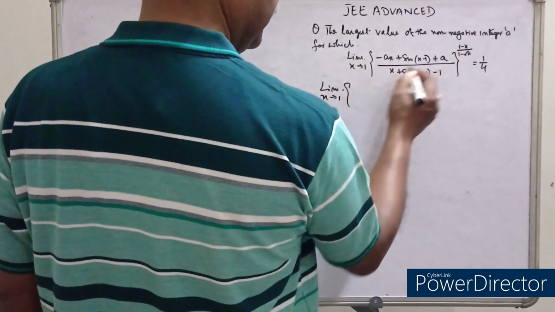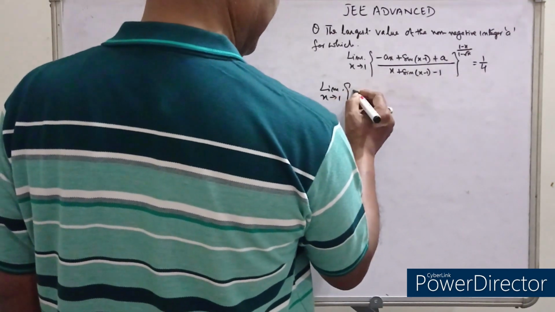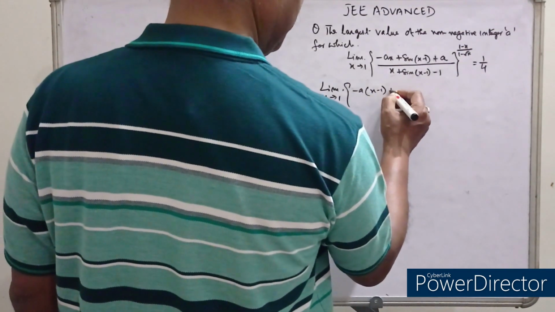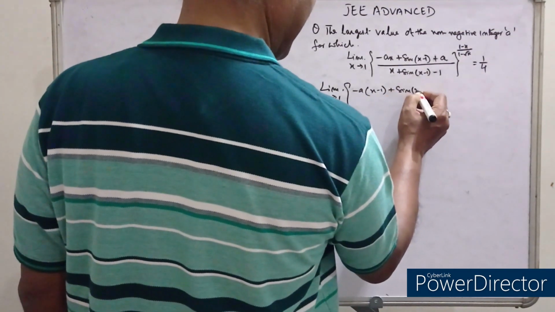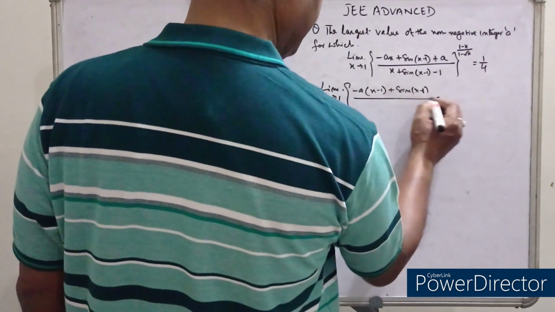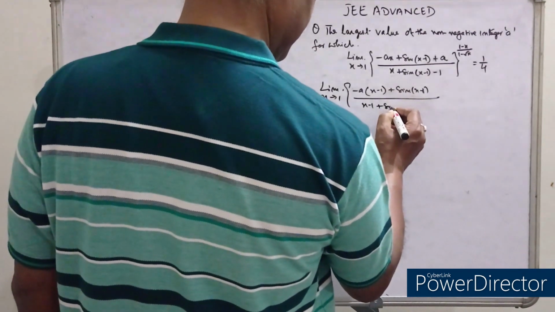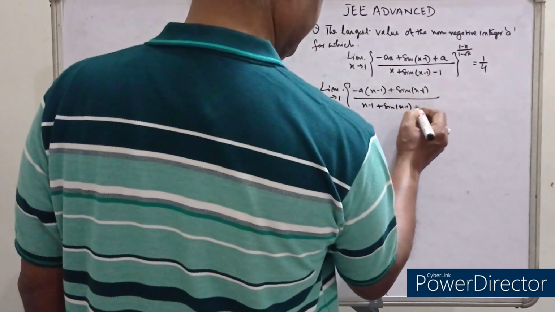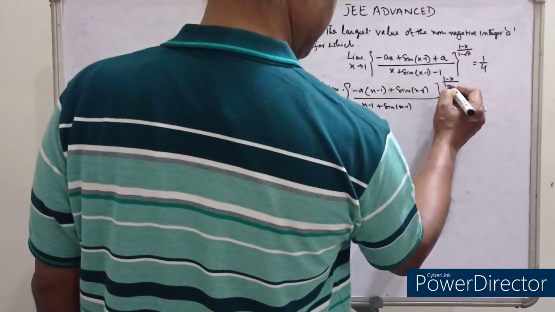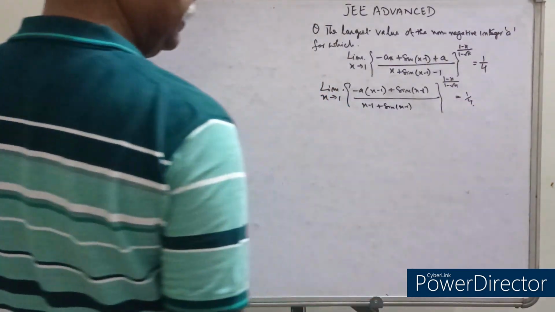Take minus a common, so we have (-a(x-1) + sin(x-1)) divided by (x-1 + sin(x-1)), and the power (1-x)/(1-√x) is equal to 1/4.